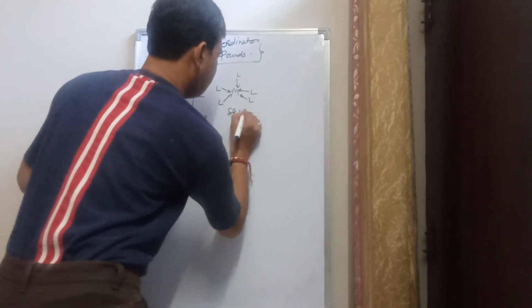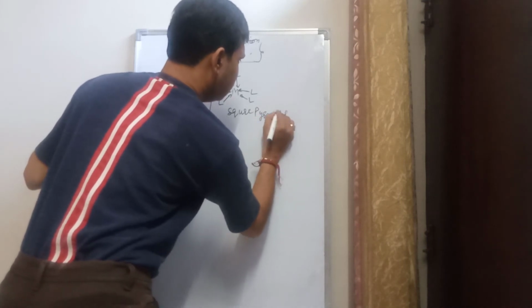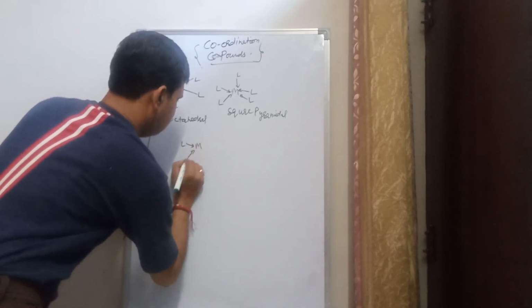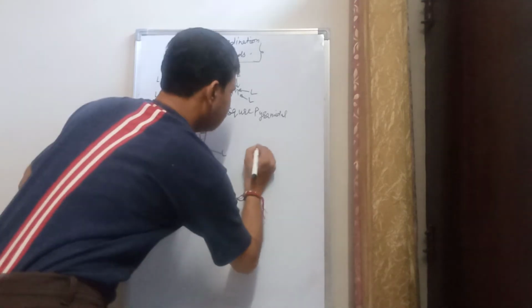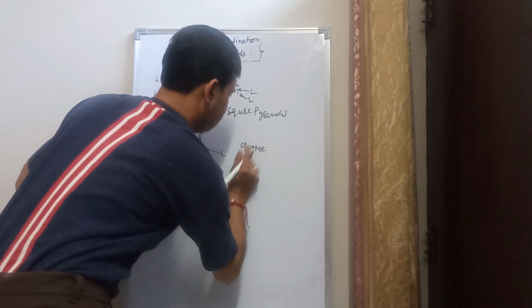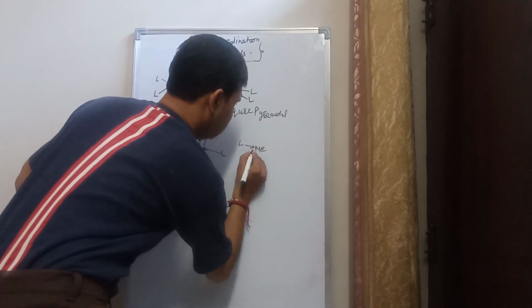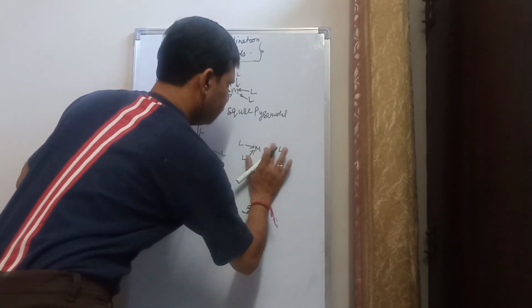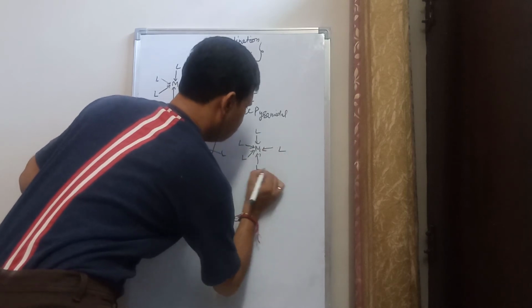Square pyramidal. Now tetrahedral. Trigonal bipyramidal.